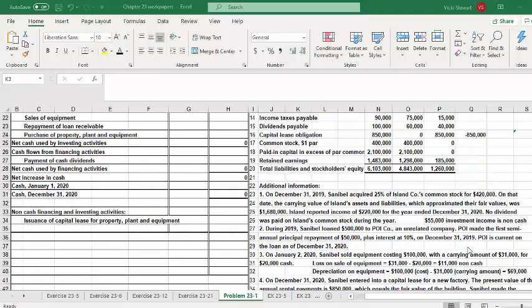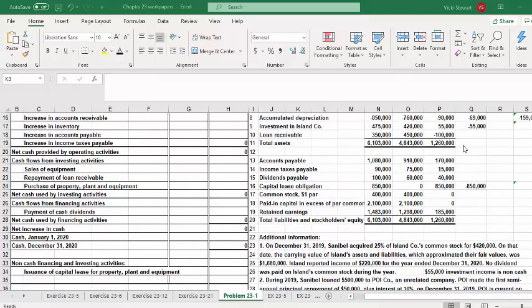You would also be able to figure that out if you looked at the dividends payable account and you notice that dividends were $60,000 and then they've increased to $100,000. So the increase was $40,000, so we haven't paid these dividends yet for 2020.